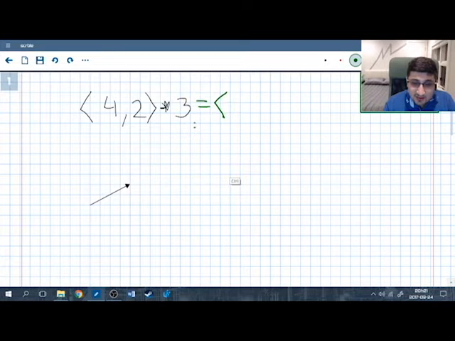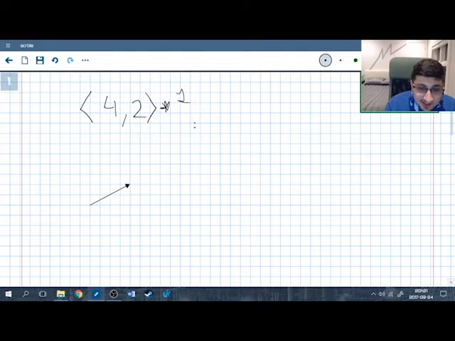You can also make it shorter too. For example, we can multiply this vector by a half, which would be the same as dividing this vector by 2. Let me just get rid of this.